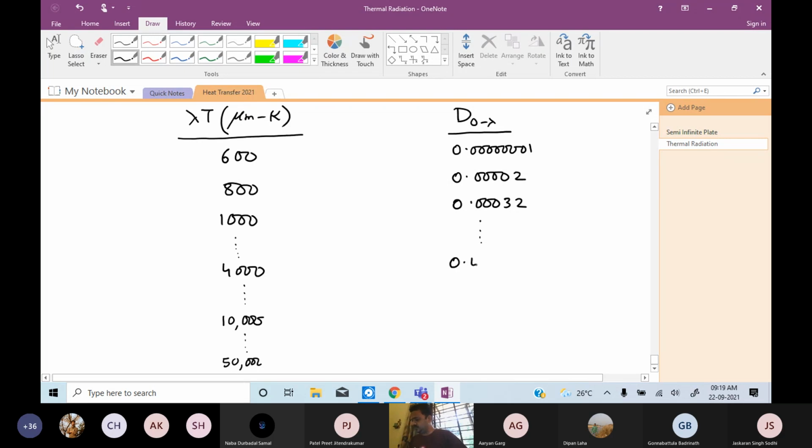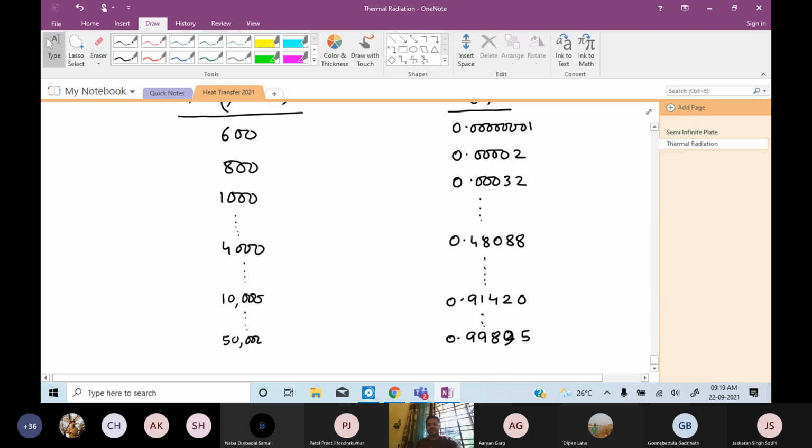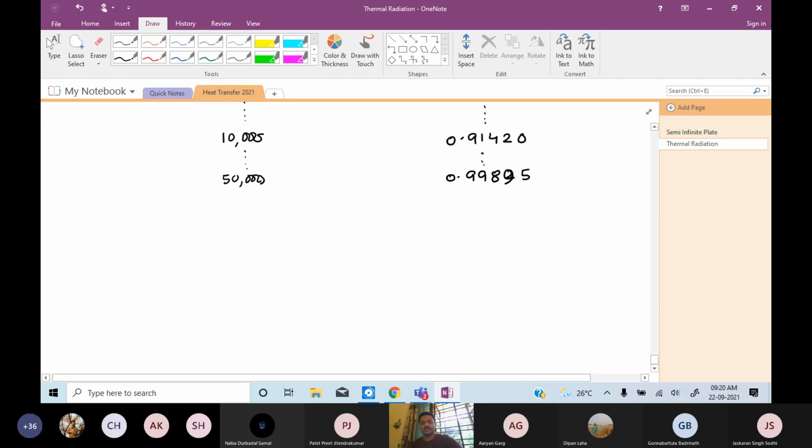At 4000 it becomes 0.48088. Then 0.91420, then 0.998895 actually. So you see that as this number keeps increasing from 600 to 50,000, the value has changed from almost 0 to almost 1.